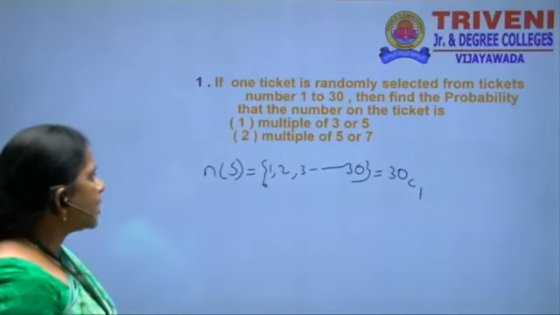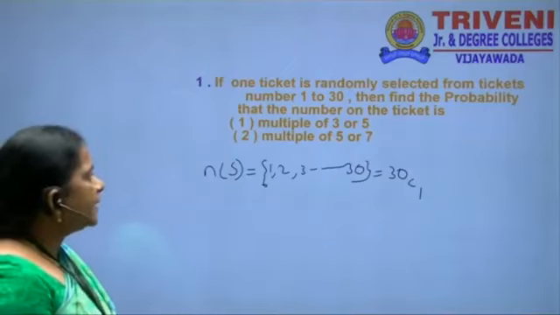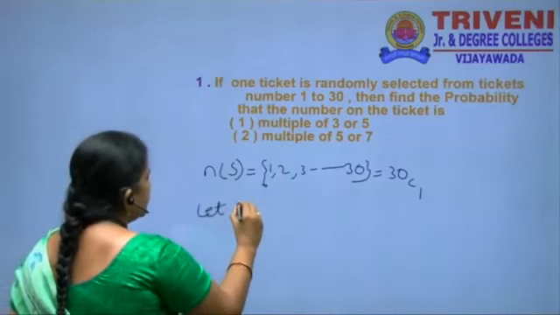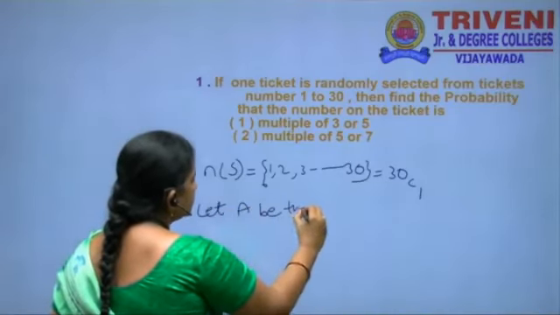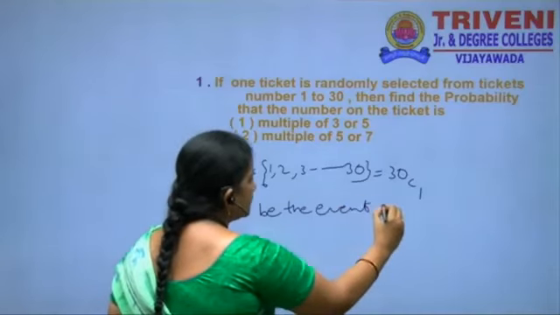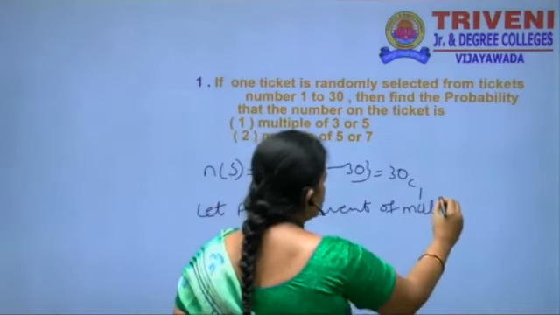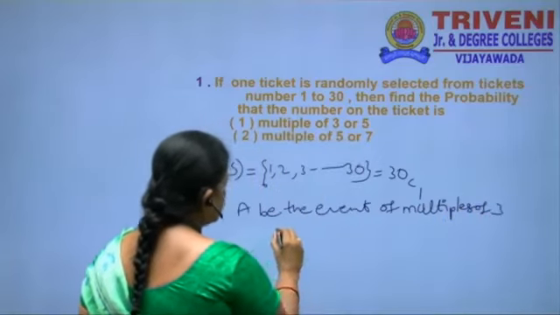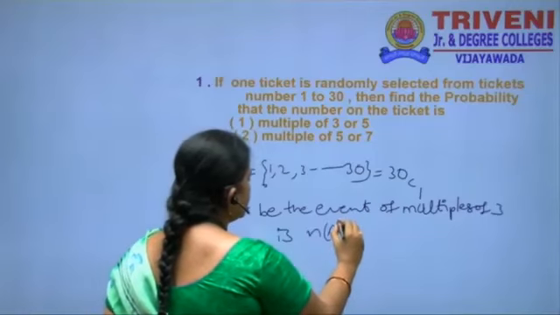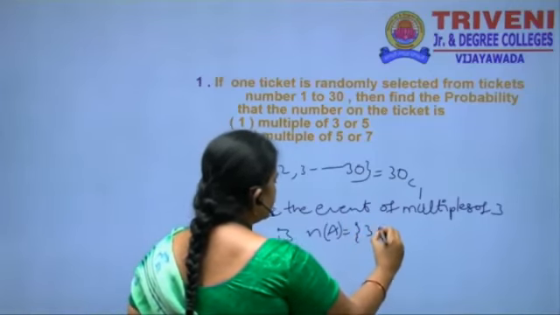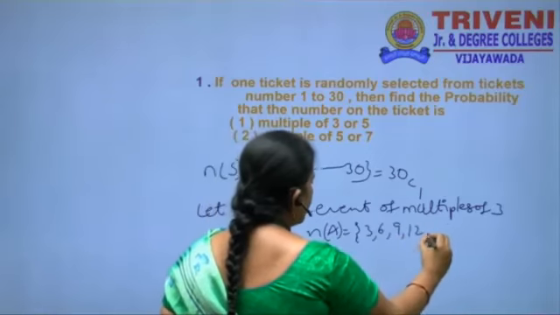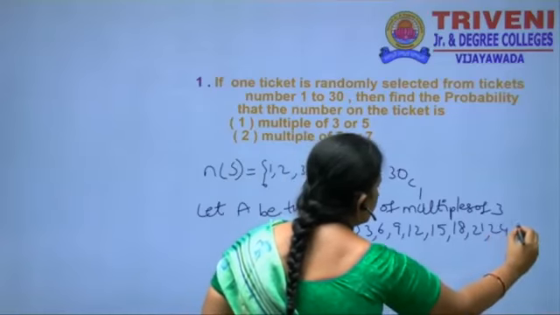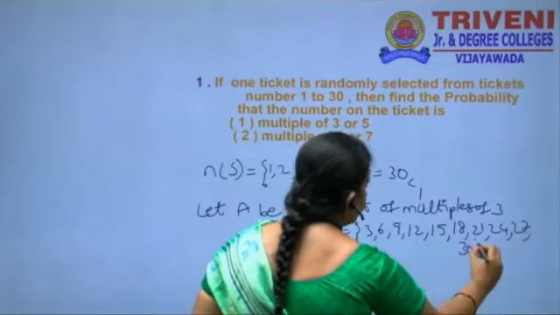First case is to find the probability that the number on the ticket is a multiple of 3 or 5. Let A be the event of multiples of 3. N of A is equal to how much? 3, 6, 9, 12, 15, 18, 21, 24, 27 and 30.